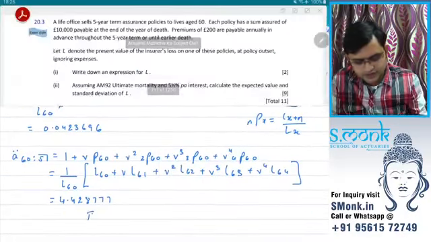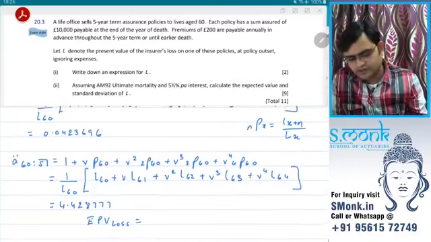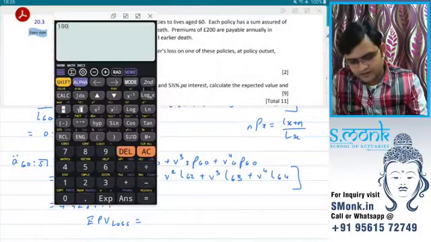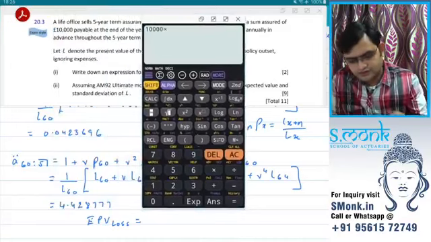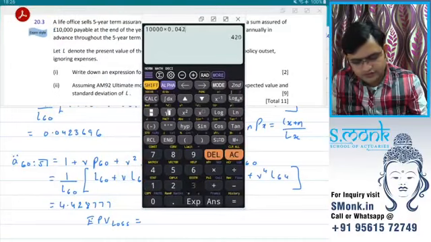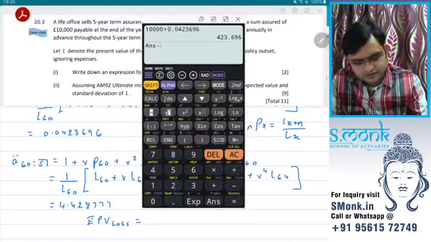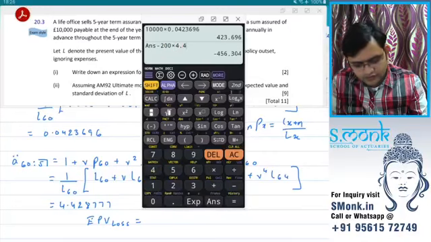So our expected present value of loss will be 10,000 into 0.0423696, and I'll just subtract 200 into 4.428777.